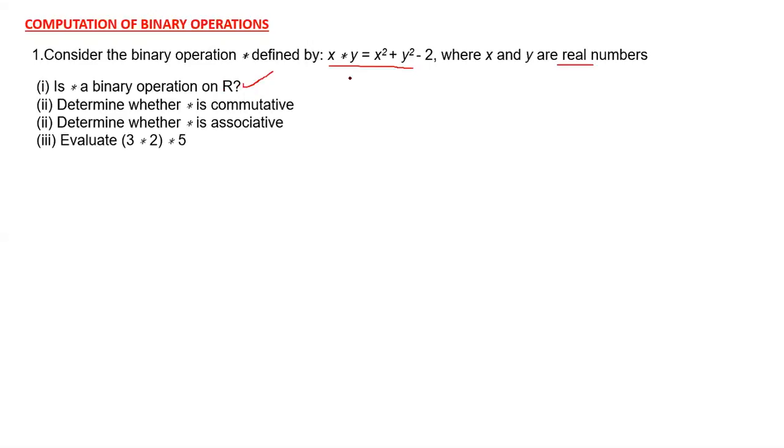So if this set, for instance, was Z, the question now changes. It will be like this: is there a way that you can make this expression undefined by replacing where there is X and Y with any integer? That's what this question means.